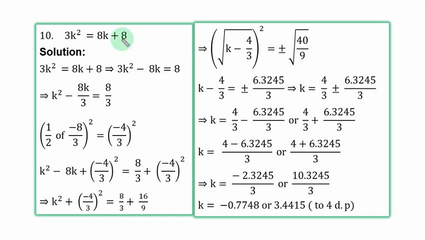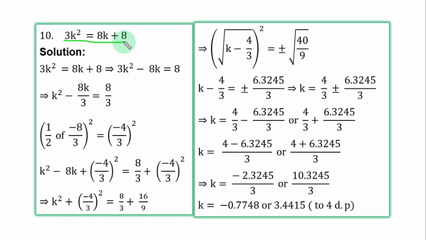Example 10, you should solve 3k² = 8k + 8. In this example, I'm not going to list the steps, but we apply them the way we did in example 9.